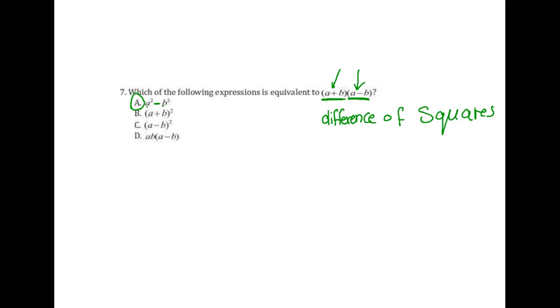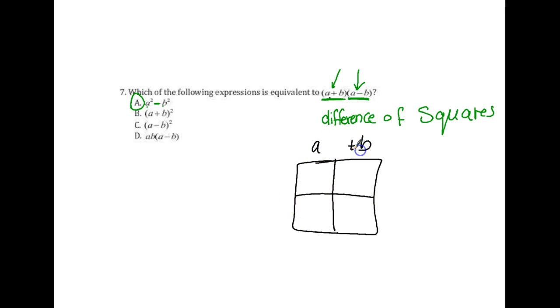We said, okay, we have a 2 by 2. A plus b times a minus b. Okay, let's multiply. A times a is a squared. A times b is ab.